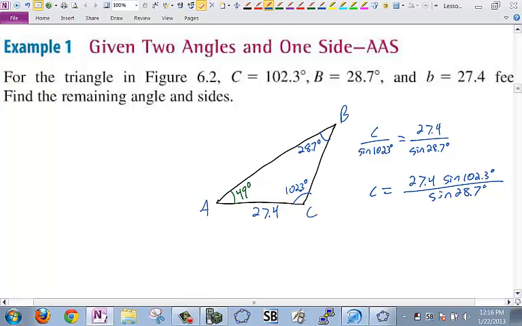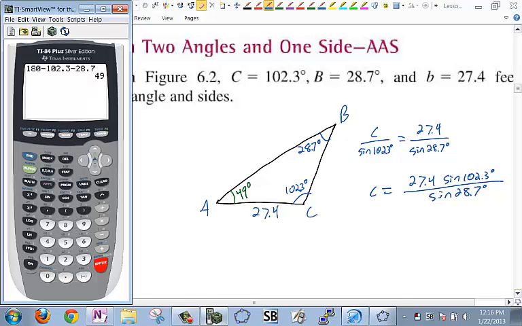So the first thing I got to do is make sure I'm in degrees mode, which I am. And given that we're going to be doing a ton of word problems, you're probably going to be in degrees mode for the next few weeks. And so then I can just type 27.4 sine of 102.3. Make sure you close the parenthesis, divided by sine 28.7.